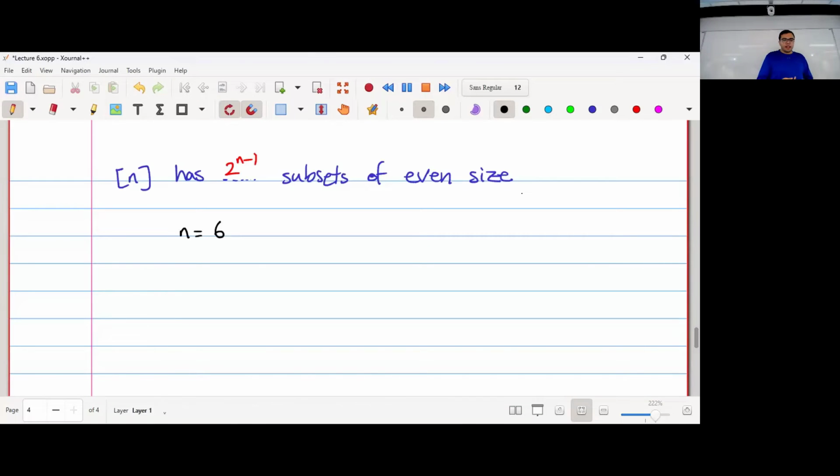I can ask how many sequences have no ones at all. How many sequences have no ones? 1. I can just have the sequence that is all zeros, right? So 1, 2, 3, 4, 5, 6. So the answer here is 1.